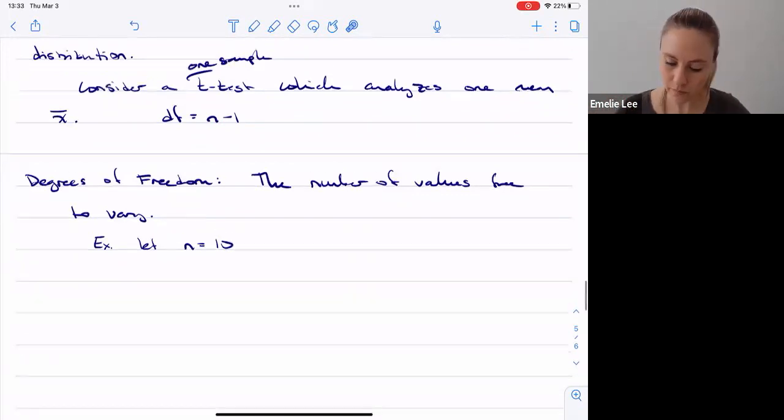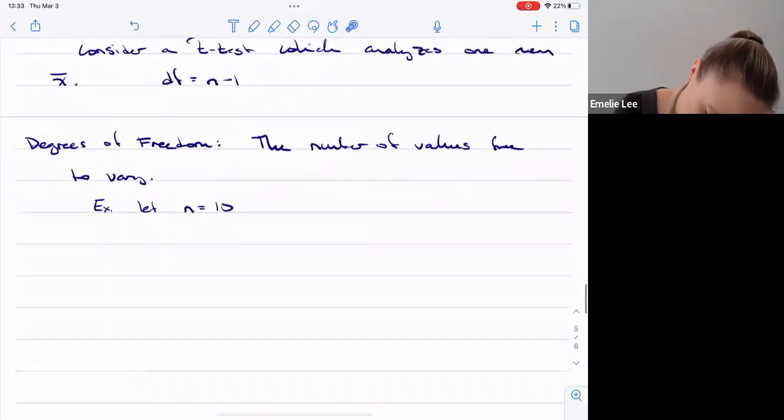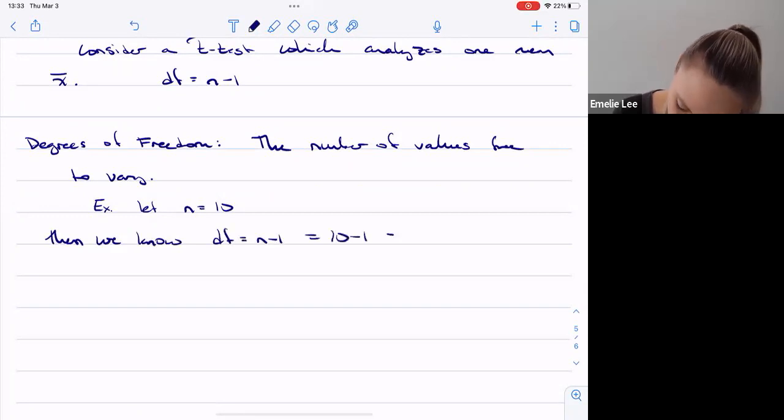And so if we let n be 10, then we know the degrees of freedom is n minus 1, which is 10 minus 1, which is 9.